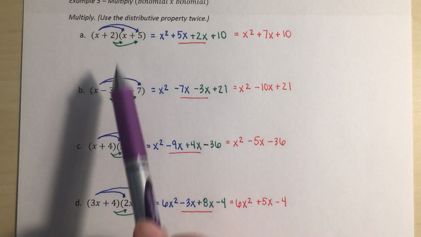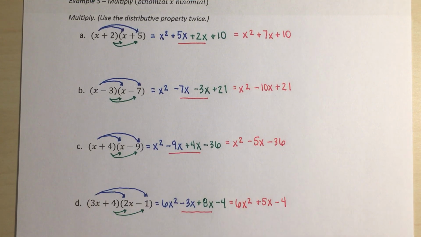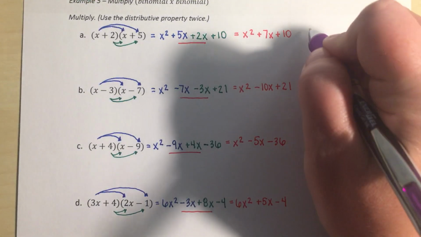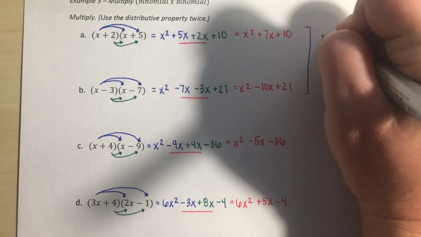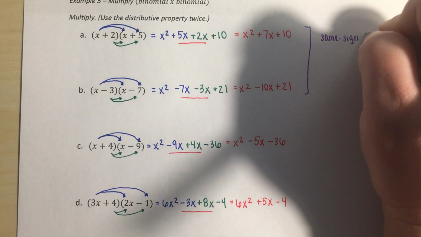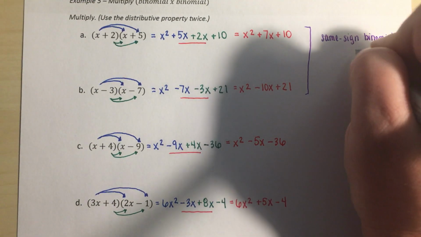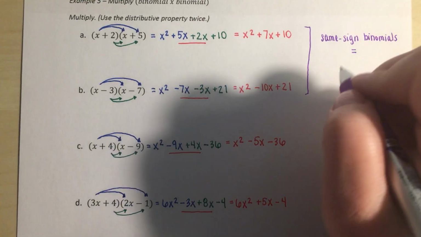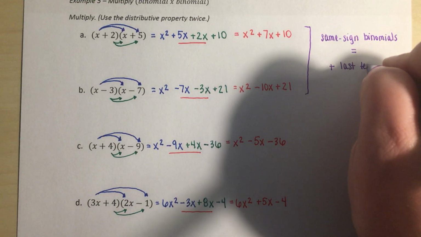Notice that in both of these, our last term happens to be positive. So I'm going to make a little note here that if we have same signed binomials, we get a positive last term.